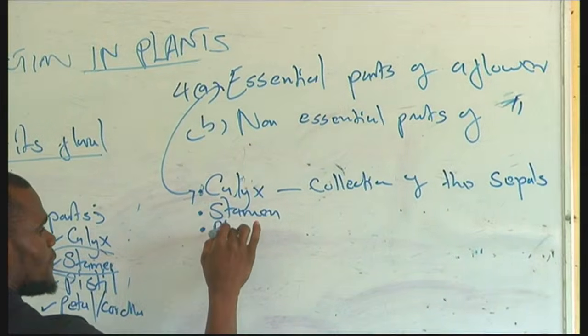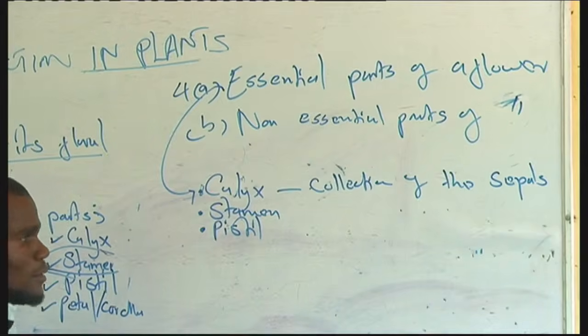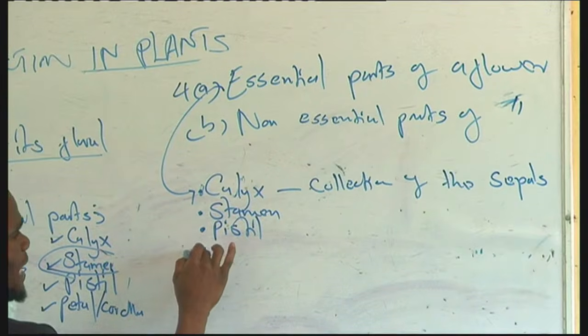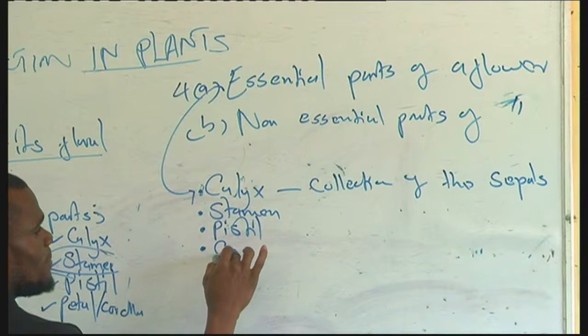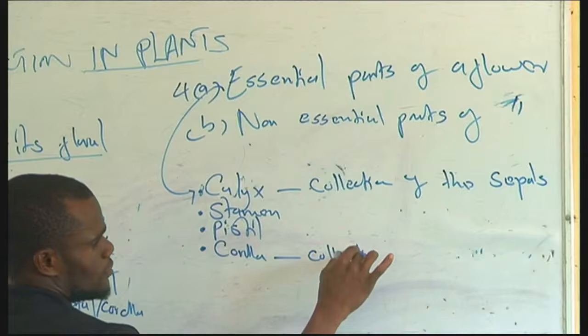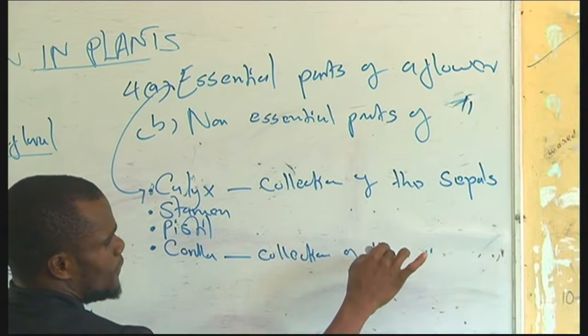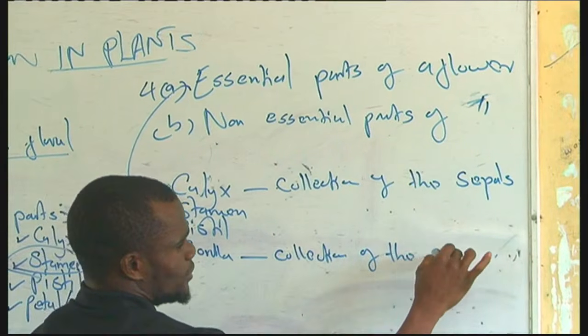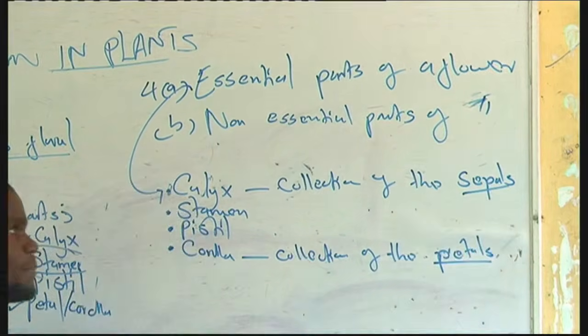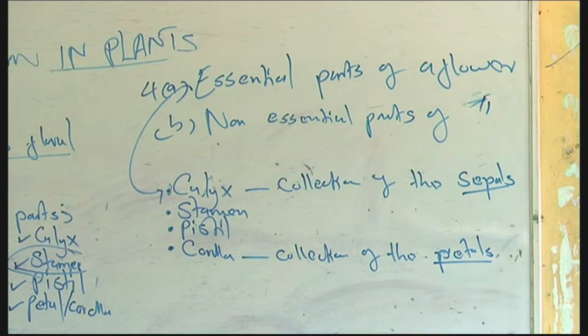And we also have the pistil, the female part of a flower, that consists of the stigma, style, ovary, and the ovules. And then lastly, we have the brightly colored part, which is the collection of the petals. So essential parts of a flower are the four.